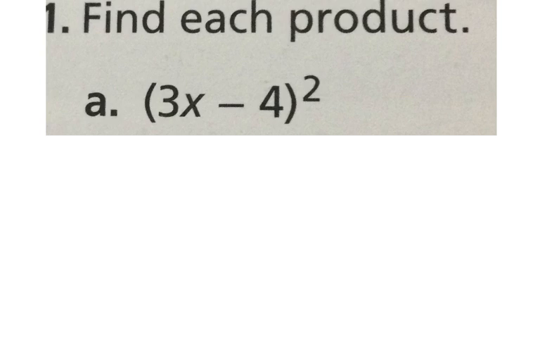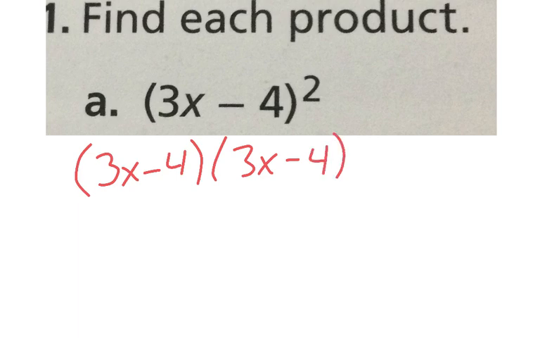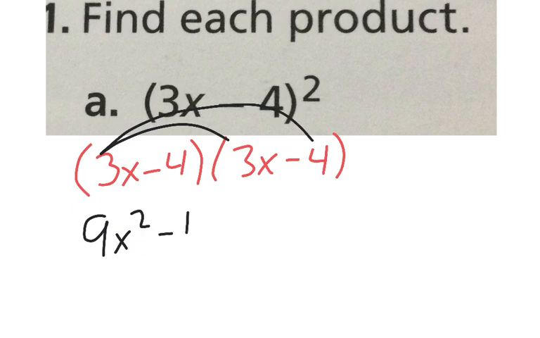So because we are squaring this binomial, that means we are multiplying 3x minus 4 times 3x minus 4. When I distribute, 3x times 3x is 9x squared. 3x times negative 4 is negative 12x.